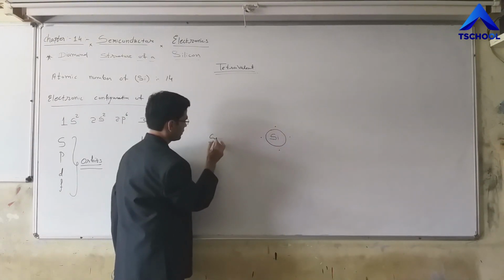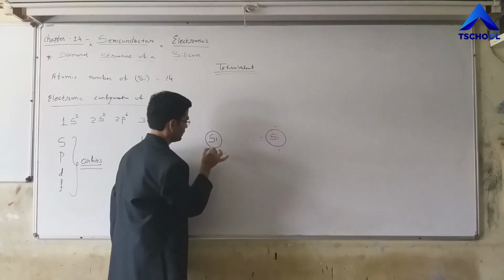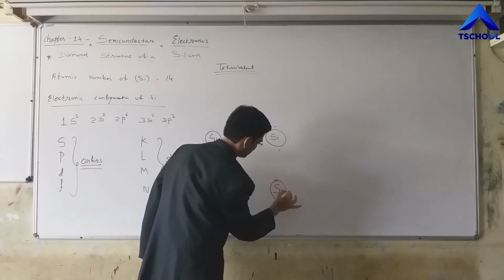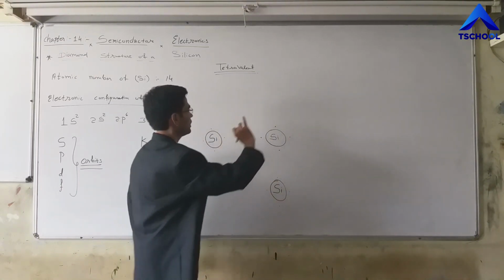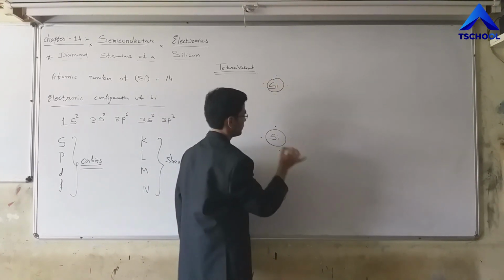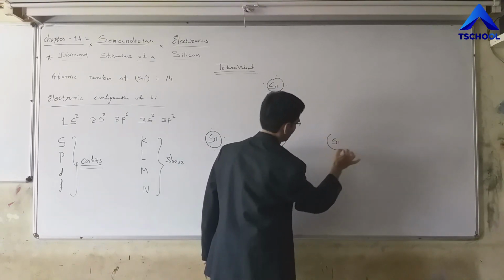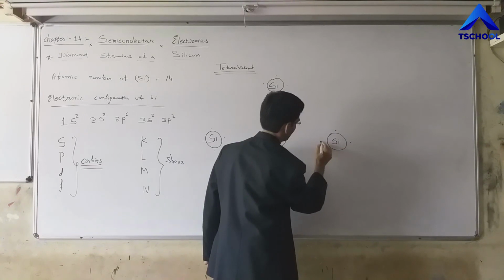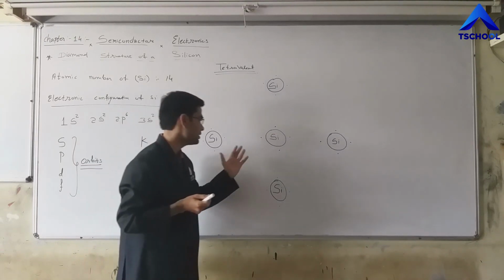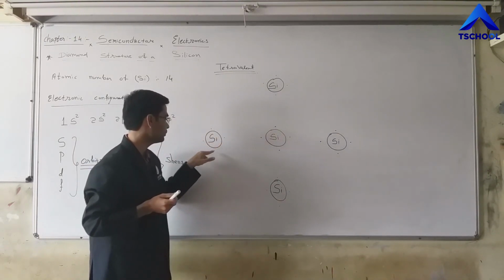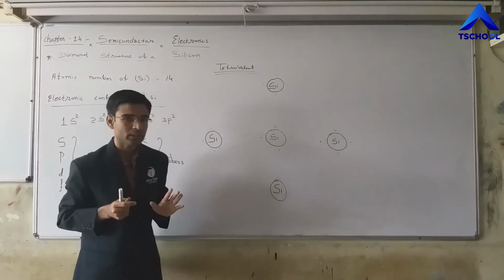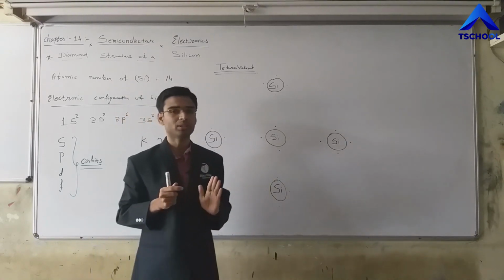In the same way, each silicon atom has 4 valence electrons. We can see on the board 1, 2, 3, 4, and so on for each atom. We know that silicon and germanium are semiconductors.